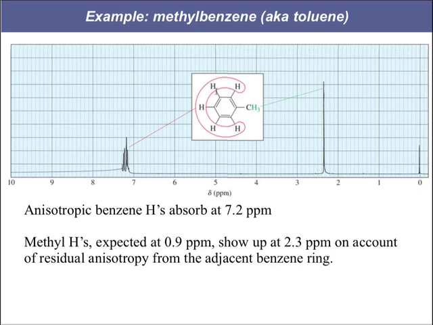These are 2 carbons removed from the methyl. This guy is 3 carbons removed from the methyl. So we should really have 1 signal from the methyl hydrogens, but then a second signal from the adjacent hydrogens, a third signal from the hydrogens 1 carbon further, and a 4th signal from the last hydrogen.